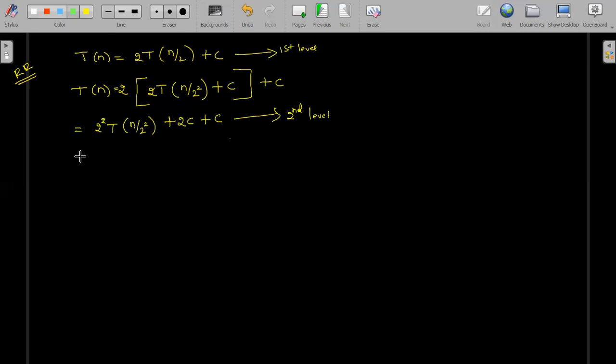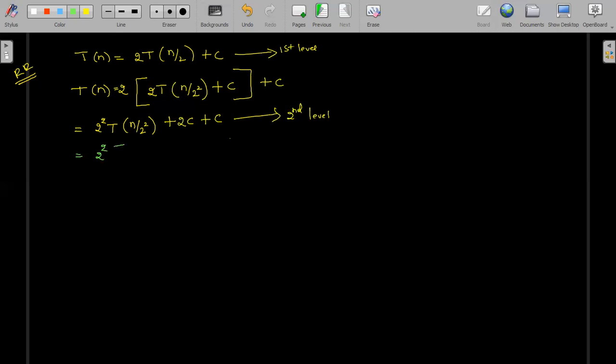Don't worry. Now see here, everybody. Again apply n value, n by 2. Now what happens here? Now everybody see here. 2 square I am going to keep like that only.